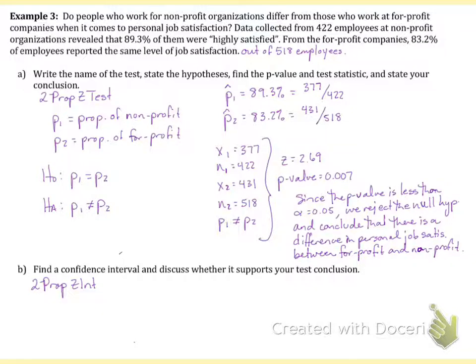I'm going to have a C level of 0.95 since I used an alpha level of 0.05. Actually, sorry, I'm using an alpha level of 0.05, but this is a two-tailed test, so we actually have to switch this to 0.9.